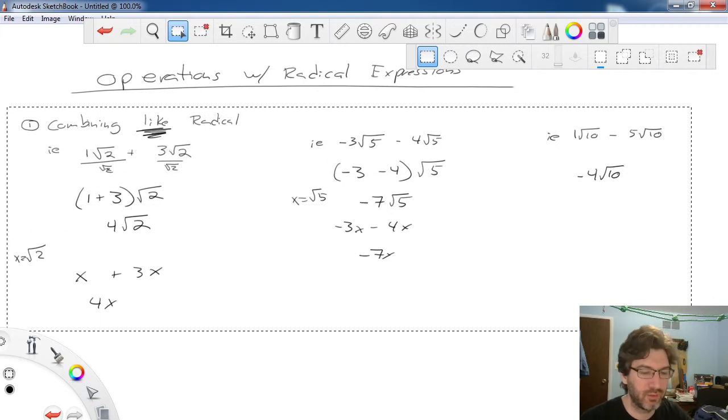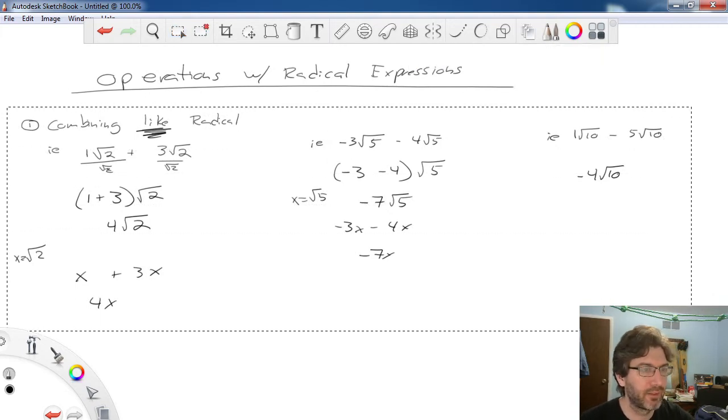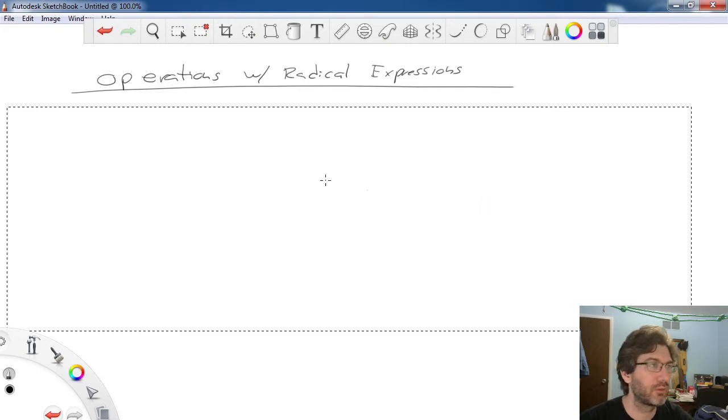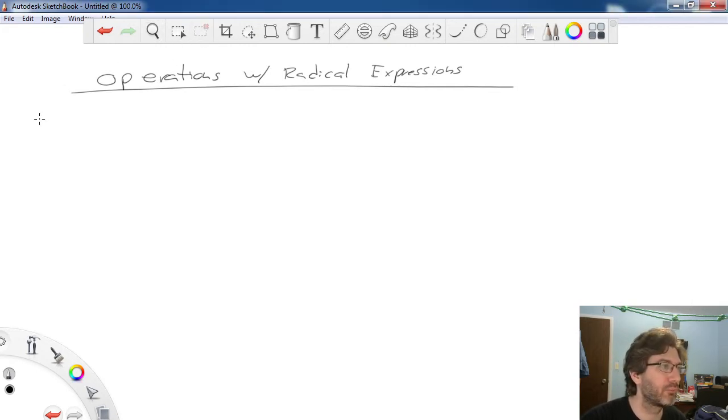The second thing you need to know for today is part 2, where your book calls it simplifying to combine like, it's not terms today, it's radicals. So let's get a few examples up here.